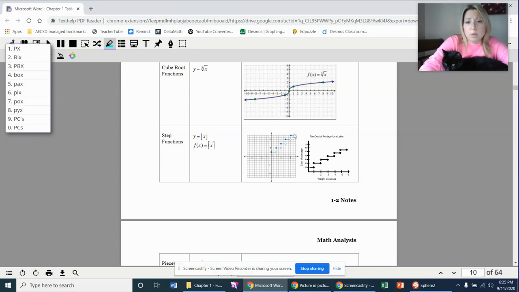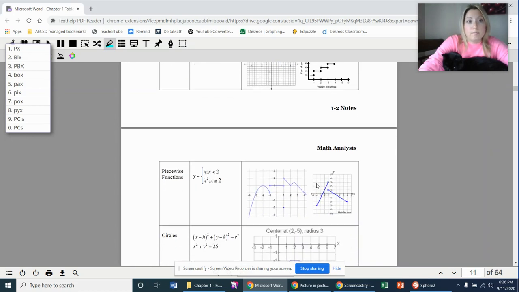You really just need to be able to identify these. It's not going to be a huge deal. I will also show you how to evaluate using these. If I plug a number into that, you round up when you've got the hands, and you round down to the lowest integer when you've got the feet. That's really it.